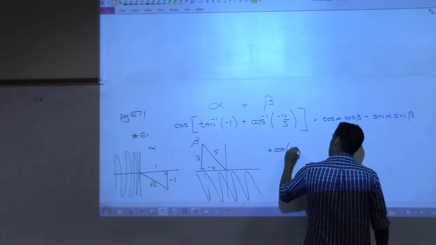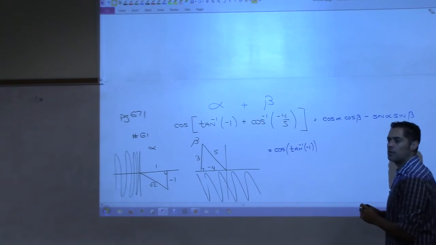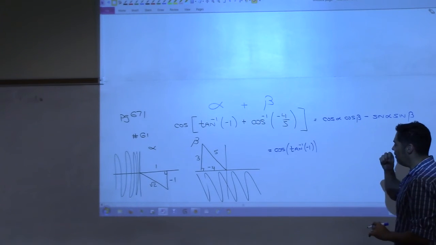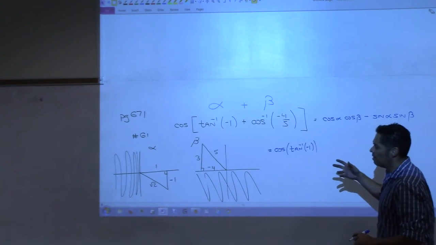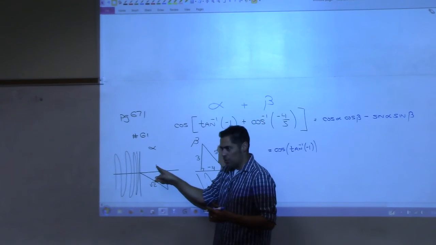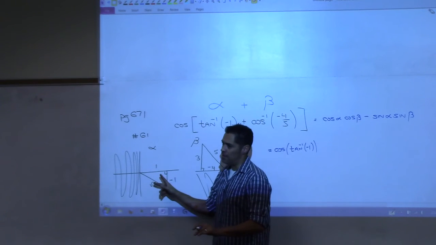This is cosine of arctangent of negative 1. The side can be 1, and that's okay because cosine is a ratio. If you would have done negative 2, 2, this side would change, but the ratio would stay the same.